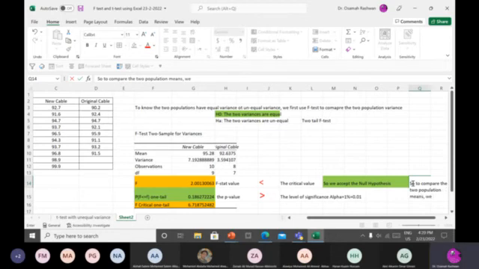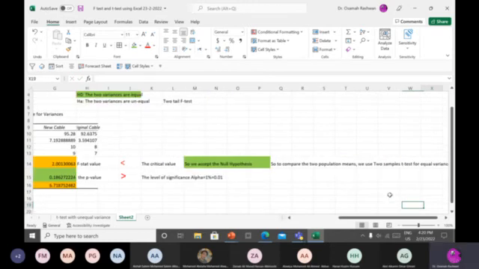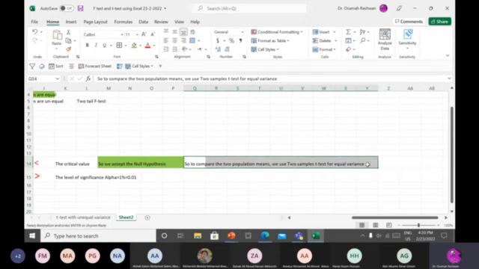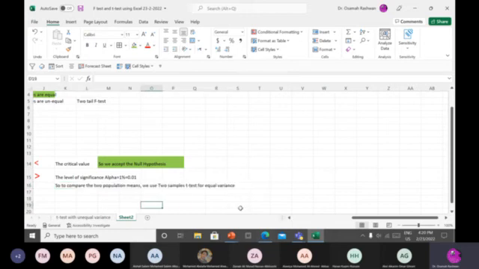Yes, we use the t-test, two sample t-test for equal variance. Yes, this is the result of equal variance. This is the result of my F test because I don't have the information like the previous questions. Okay, so I'm just copying this one, Control X, just have it here, Control V, just to not be far away.